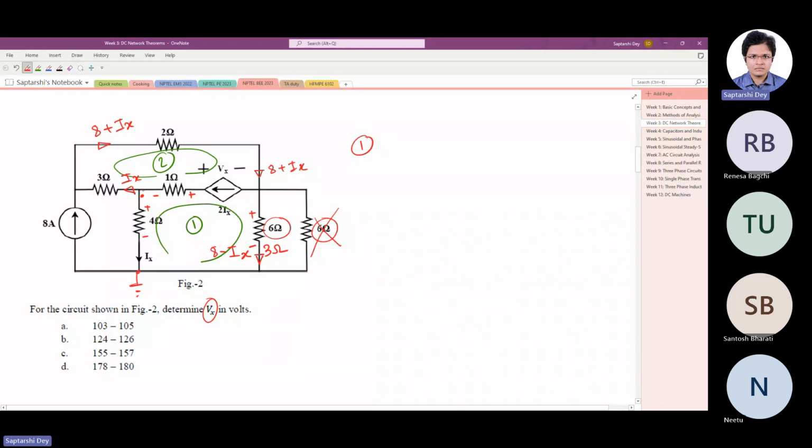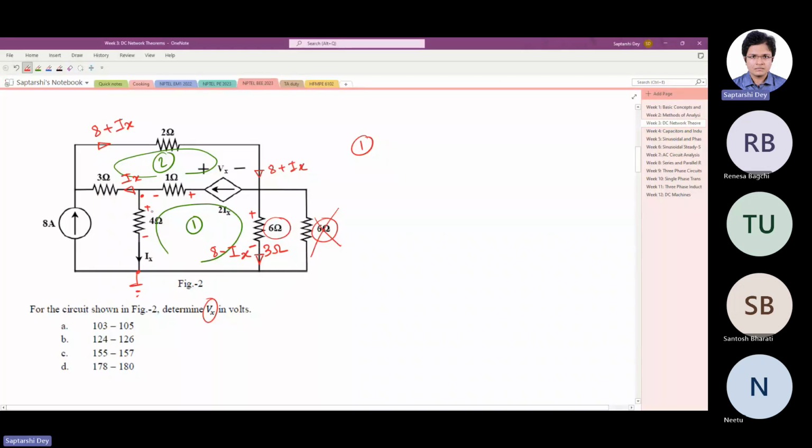But node analysis means you have to take another variable, right? I think this will be easier with mesh. Let us do it with mesh first, then we will see if we can do it in an easier way with node analysis.